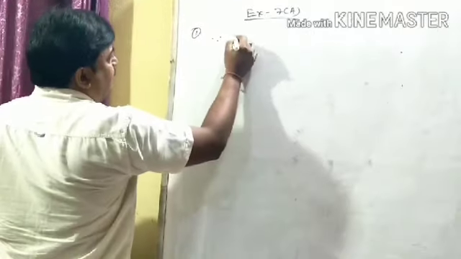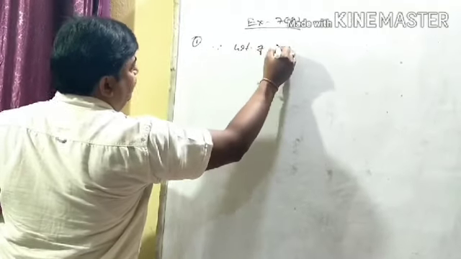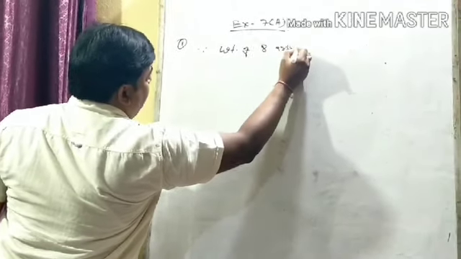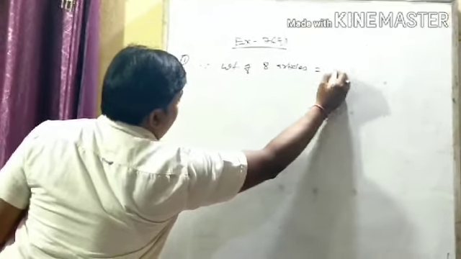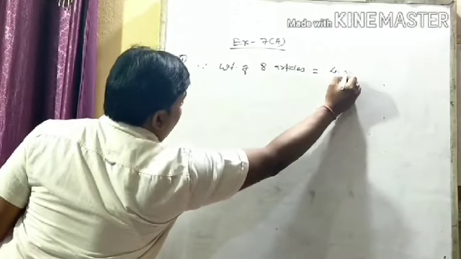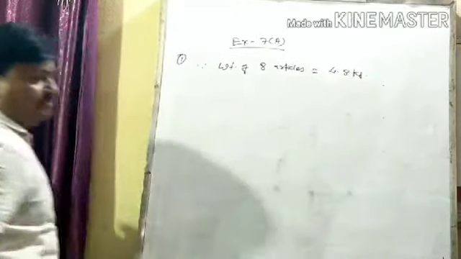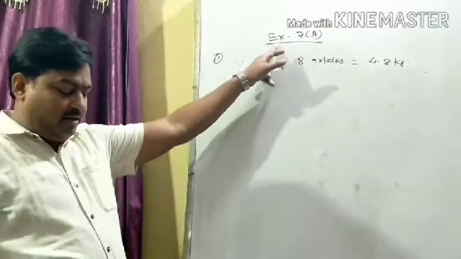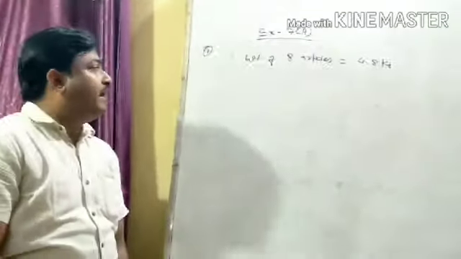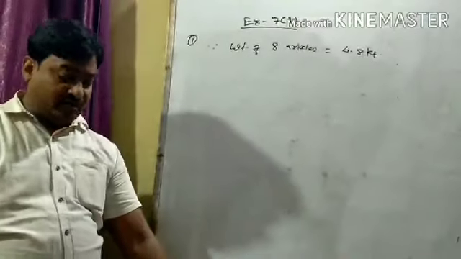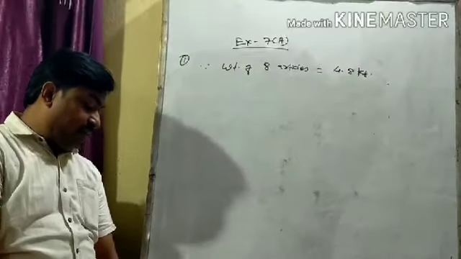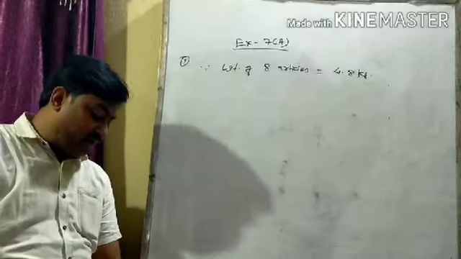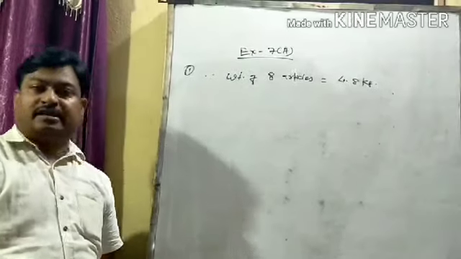The weight of 8 articles is equal to 4.8 kilogram. What is the weight of 11 such articles?